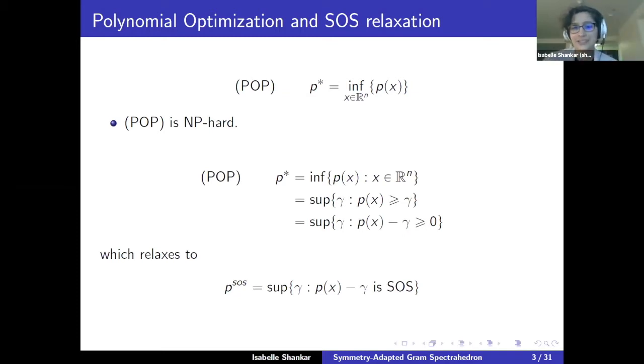Now, hopefully it's clear that if we find a sums of squares decomposition for a polynomial, or if we prove that it's a sum of squares, then of course it's non-negative. It's worth noting, though, that it is in fact a relaxation. It's not perfect. There are non-negative polynomials which are not sums of squares, but in practice it's actually been shown to be quite effective.